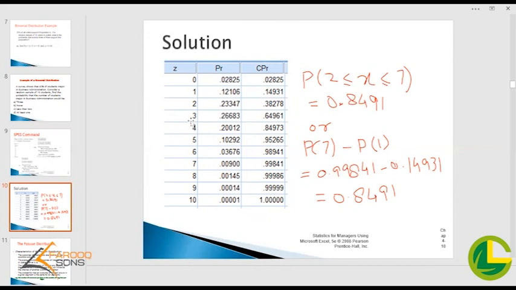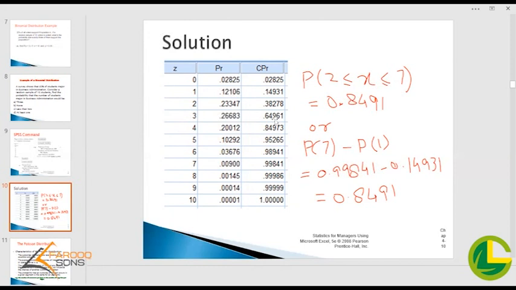If the probability is more than 3, it means 4, 5, 6, 7, 8, 9, 10. You add all of these: probability of 4, probability of 5, up to 10. Or, because the cumulative probability of 3 is 0.6491, 1 minus 0.6491 will give you the probability of more than 3.